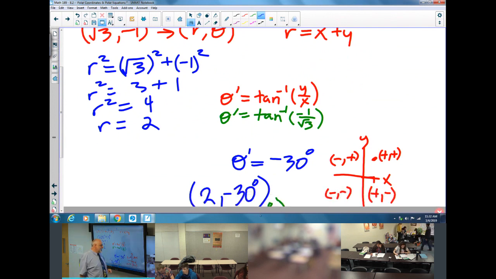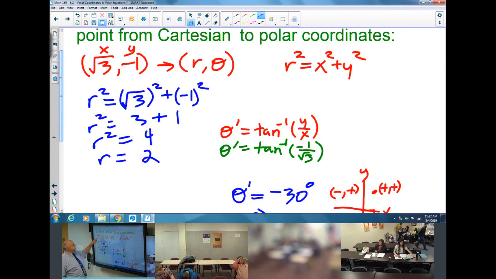So then just so far our answer would be r is 2, negative 30. But we've got to make sure we're in the right quadrant, because negative 30 and then out 2, that would be quadrant 4. So let's see. Is this radical 3, negative 1, is that in quadrant 4?